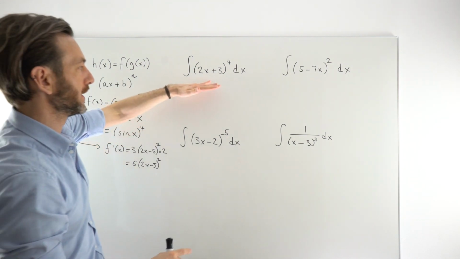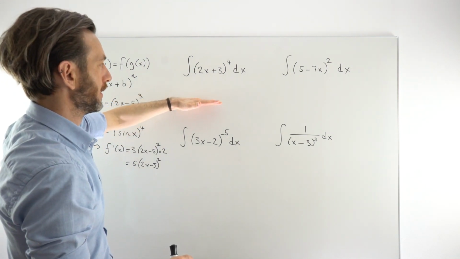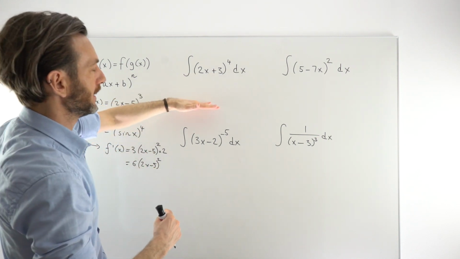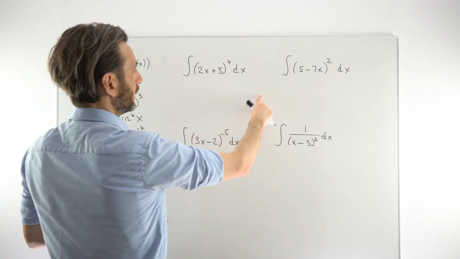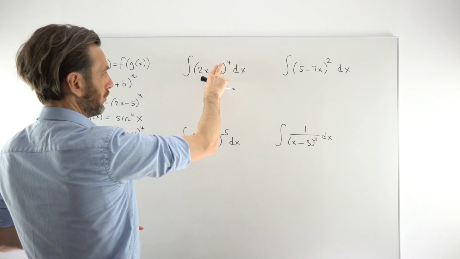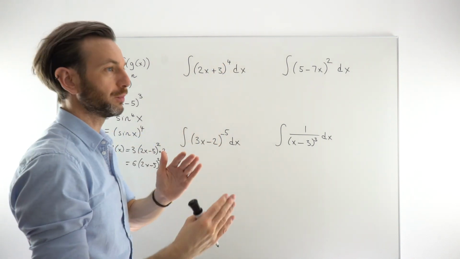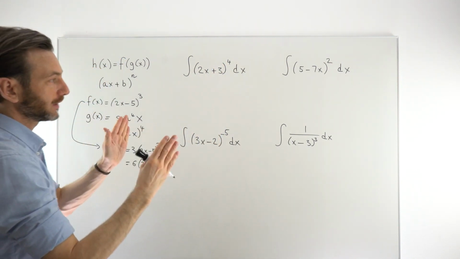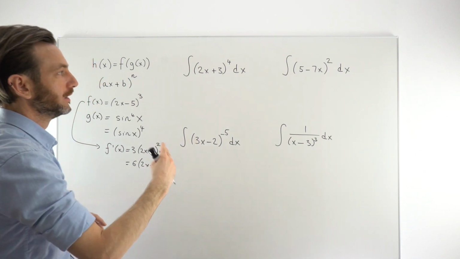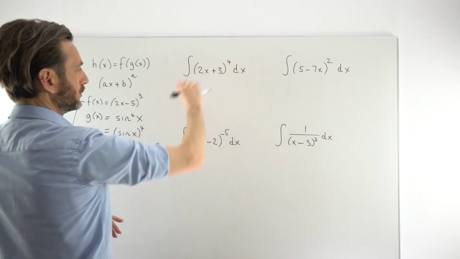The result that we get here, if we differentiate it, should take us back to the starting point because derivatives and integrals are opposites. That's why this is going to end up having a derivative in it.